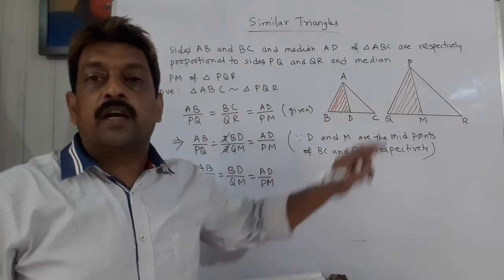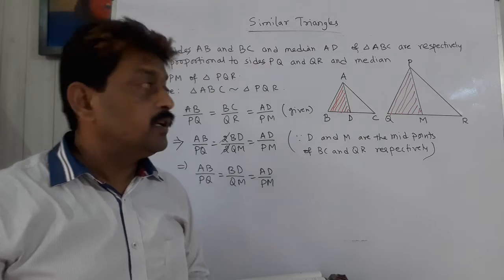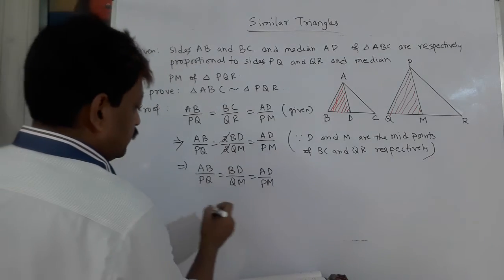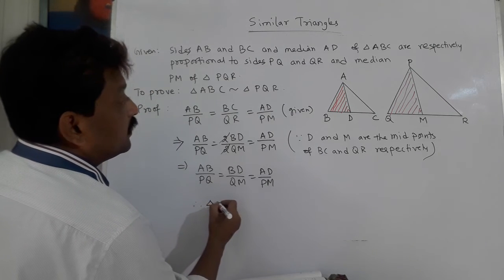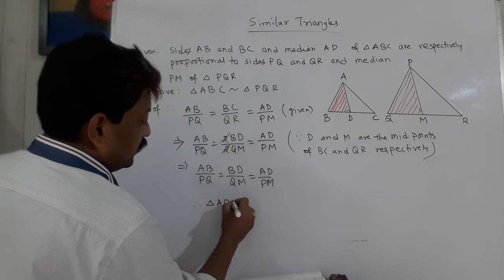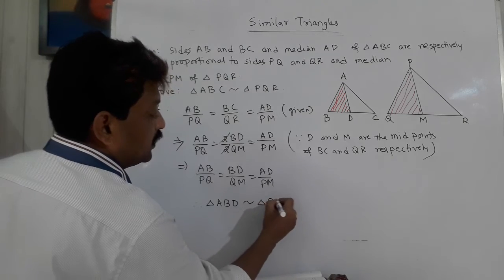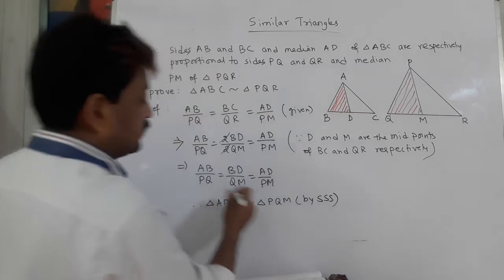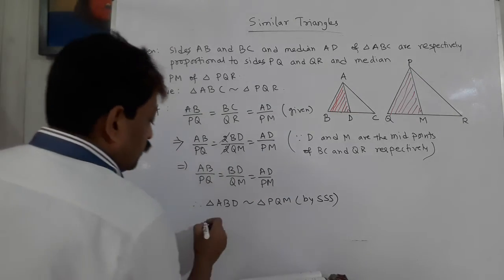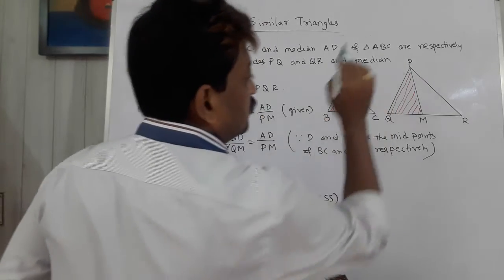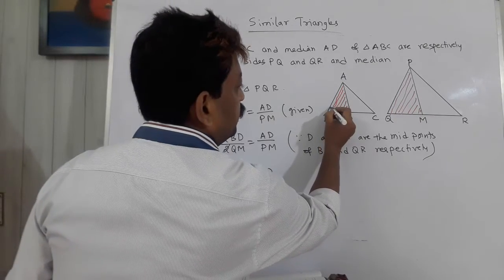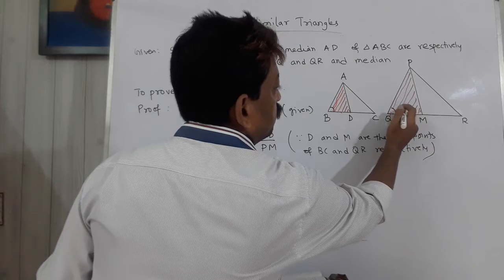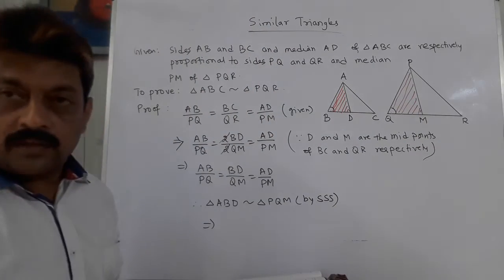In triangle ABD and triangle PQM, their corresponding sides are proportional. Therefore, triangle ABD is similar to triangle PQM by side, all the three sides being proportional. Now, if these two triangles are similar, then angle B is equal to angle Q, because corresponding angles of similar triangles are equal.